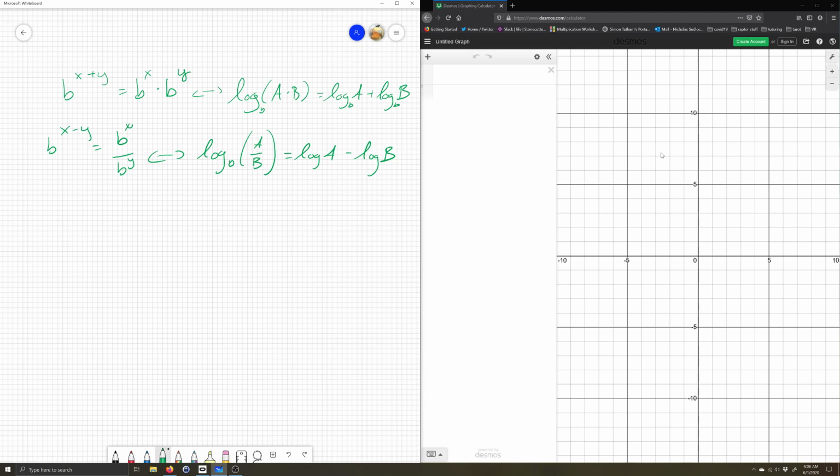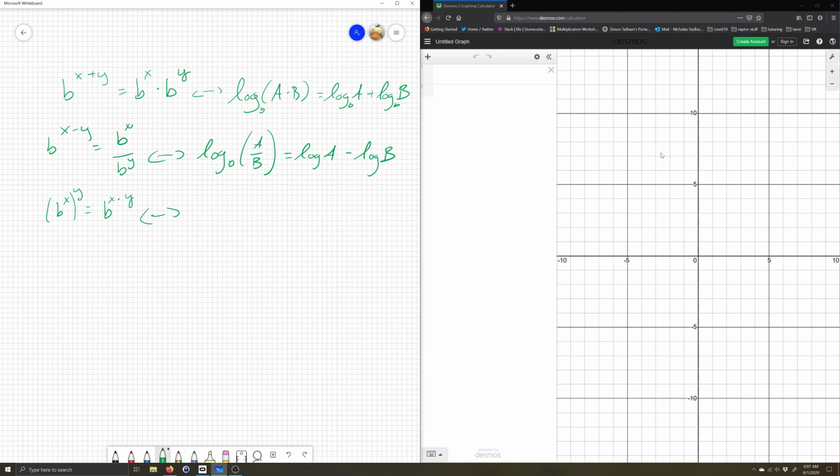And the last one is, remember that b to the x to the y equals b to the x times y.